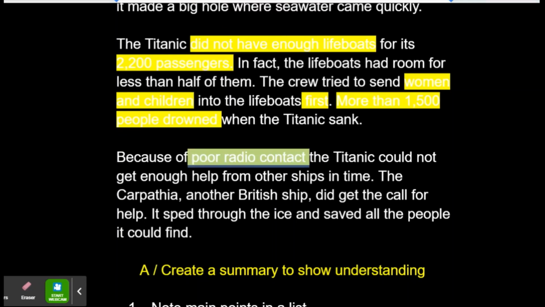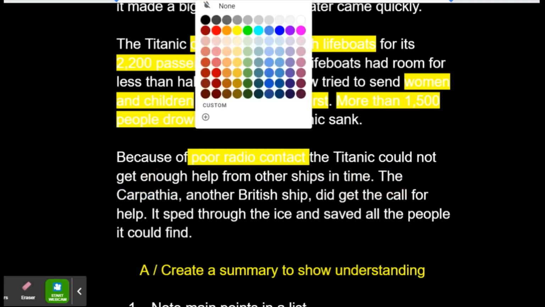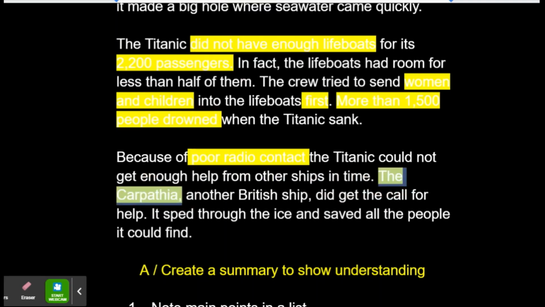but I'm actually going to move straight to the Carpathia, which was a boat that heard the information. And I'm not going to mention all about other help, because from that radio contact, you're inferring the idea that other ships needed to hear that call.